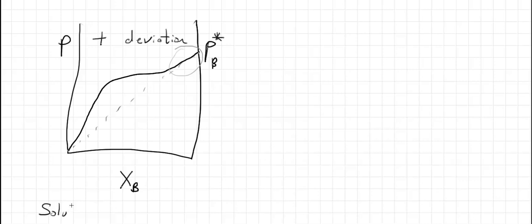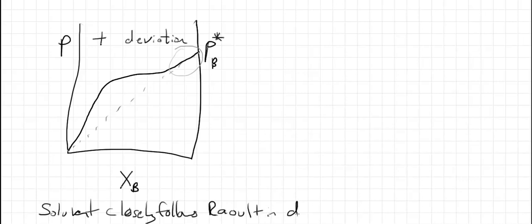The solvent closely follows Raoult in dilute solution. So if we go dilute enough, those two lines touch, and it will follow it exactly. Now this positive deviation means the vapor pressure is higher.